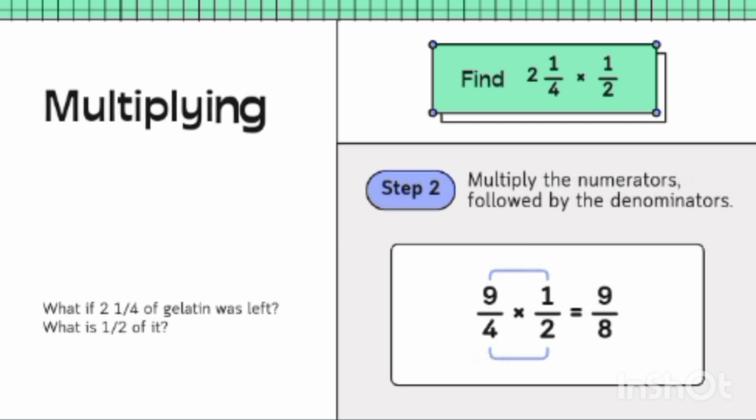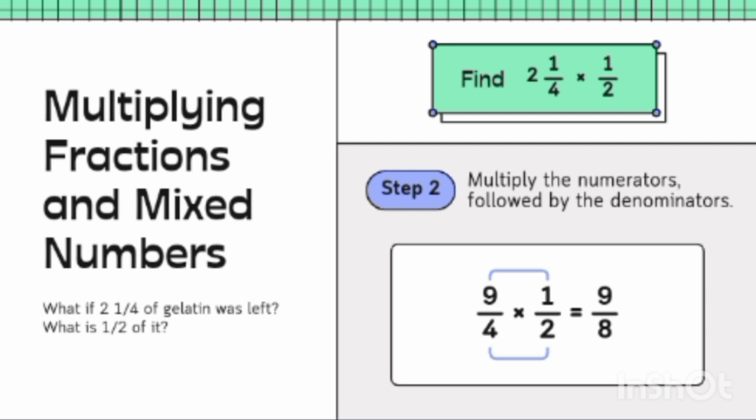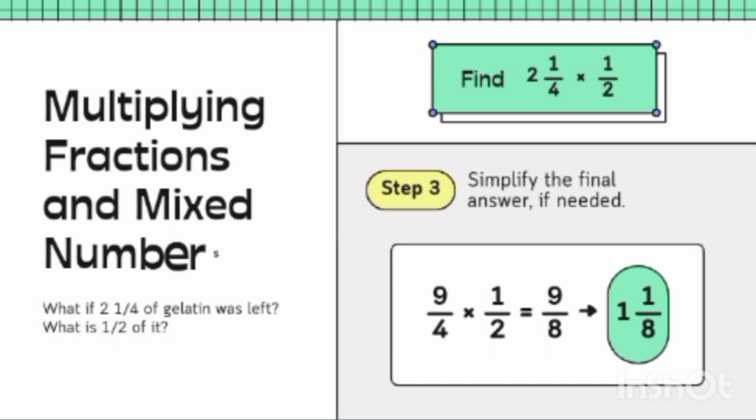Then our second step is to multiply, as you did last time. So multiply normally as you did at first: multiply the numerators, then multiply the denominators, and whatever answer you get is your answer.